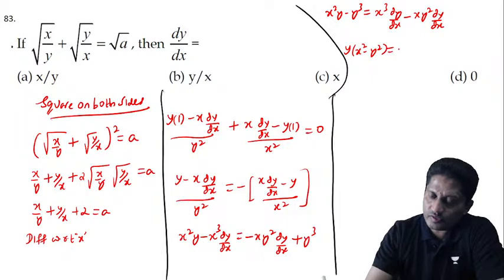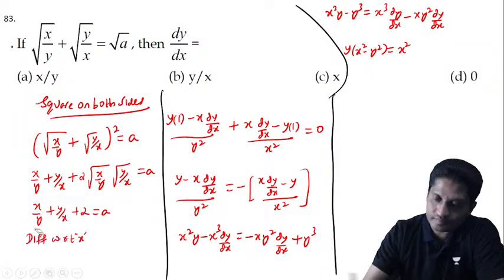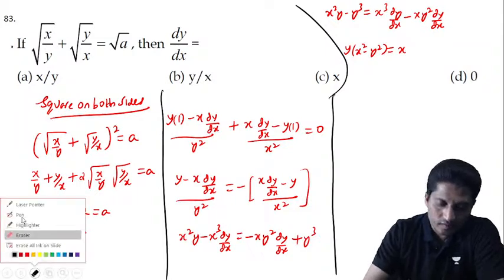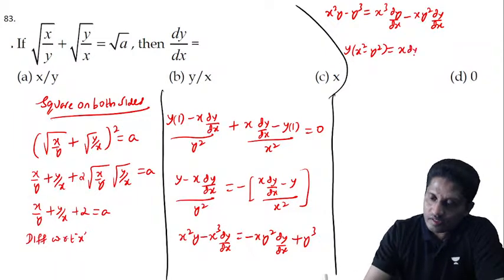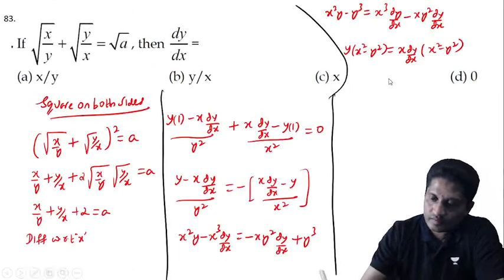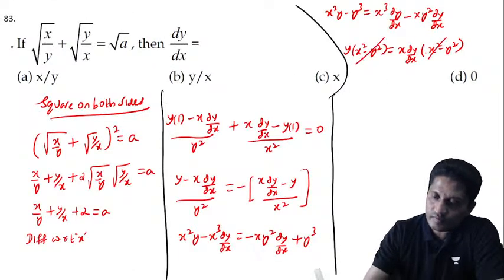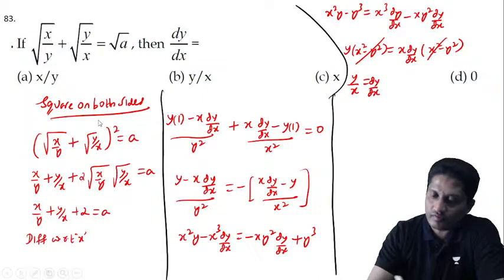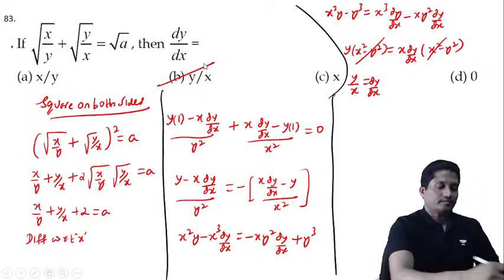Even here if I take x square common, x into dy by dx common, this will be equal to x square minus y square. This will cancel. Okay, from this y by x is equal to dy by dx. So dy by dx is equal to y by x. Answer is option B.